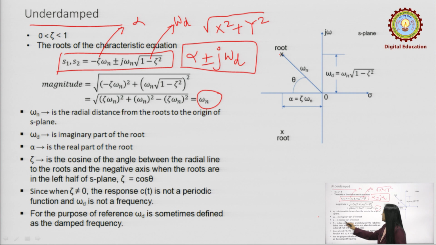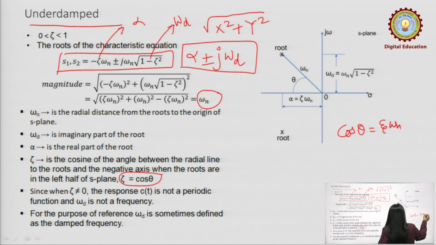So, zeta is nothing but cos theta, because alpha is zeta omega n and this is simply omega n. So, what is cos theta? Cos theta is zeta omega n upon omega n.